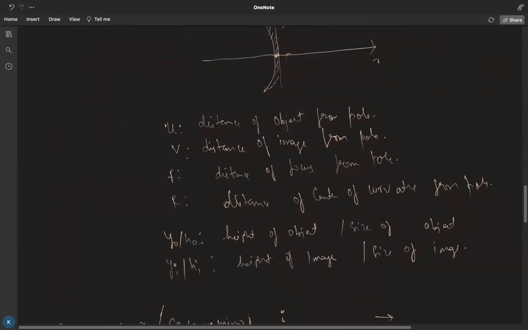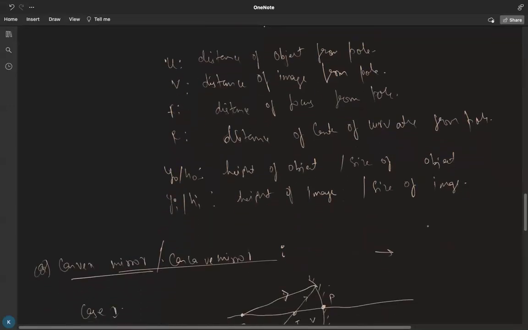And then v is used to represent the distance of the image from the pole. f you are all familiar with, which is the distance of the focus from the pole. And R you are already familiar with, which is the distance of the center of curvature from the pole. And the new terms are yo or ho, which represent the height of the object, and yi and hi, which represent the height of the image.